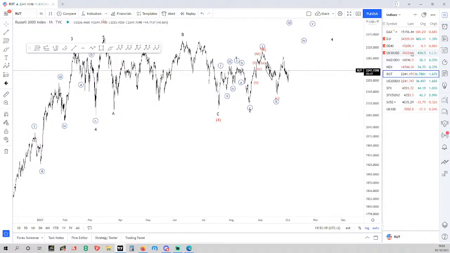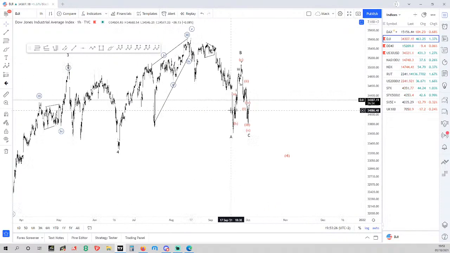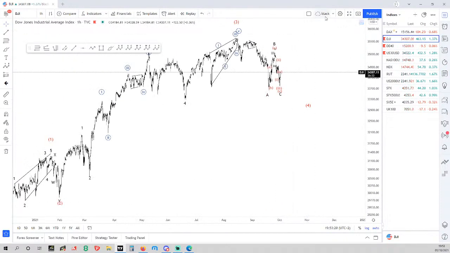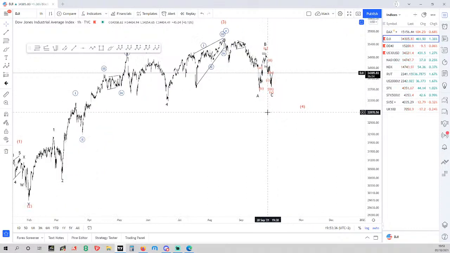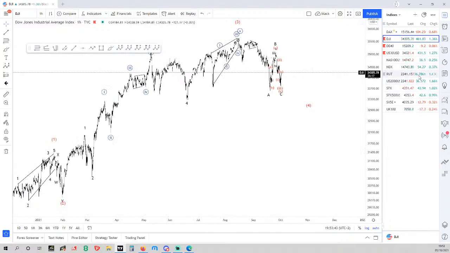The Dow has also been moving sideways, so perhaps we will continue higher. That's for sure, because the move is not trend establishing, and that tells us that we will break this high on the Dow. We'll do so on the Russell and on the Nasdaq.